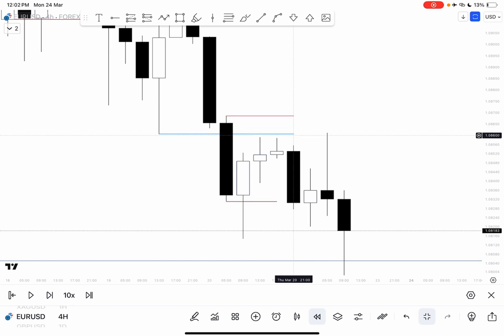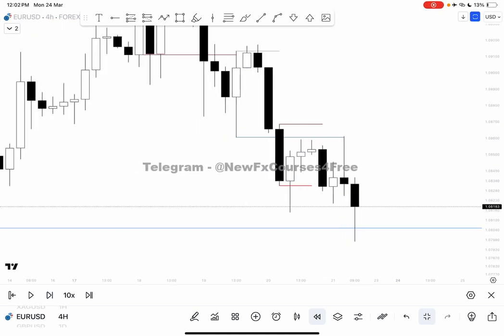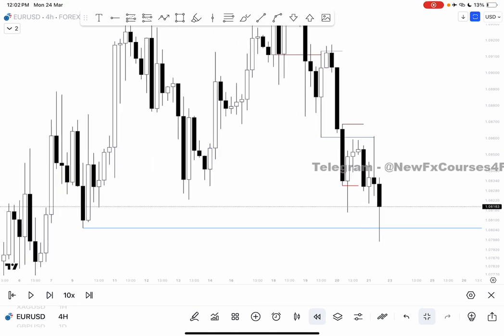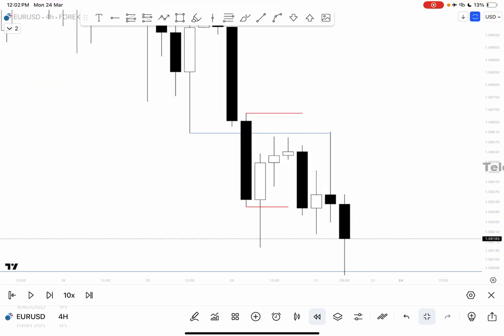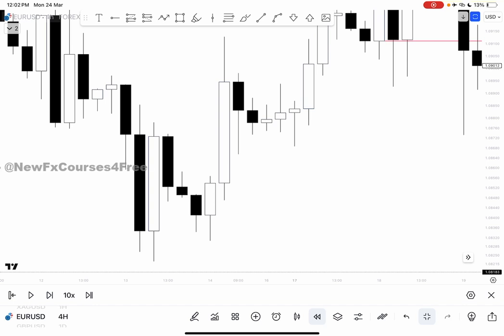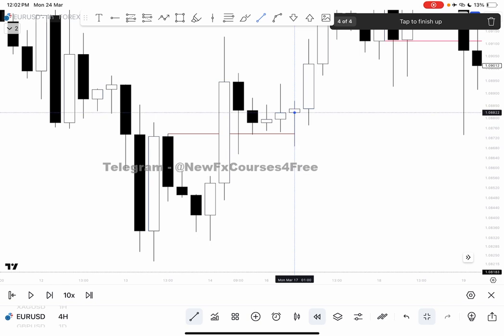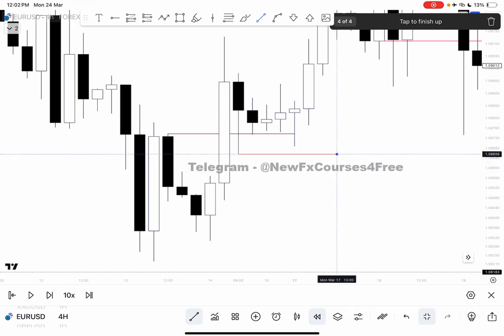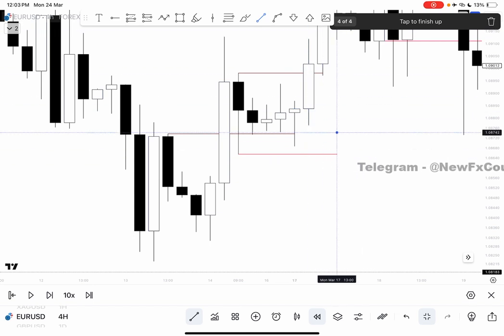You got a little dump, then you got a retracement into this level, then dumping lower towards the previous week low. So don't actually pattern trade CRT. Like at this point here, this key level was actually tapped on by this candle here, and I didn't actually wait for this candle range to be taken out before looking for buys.